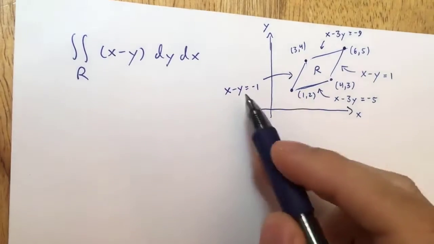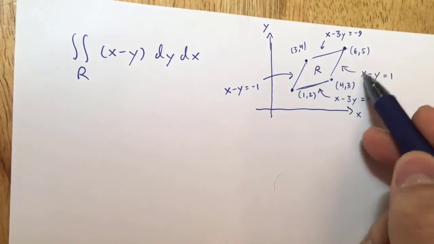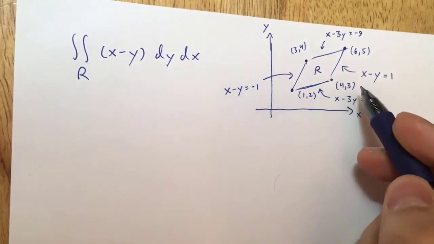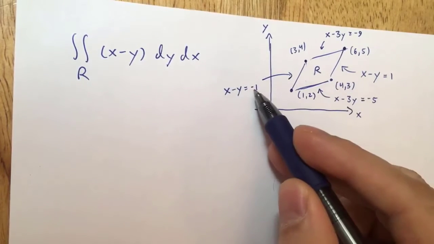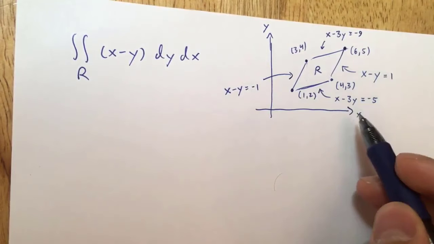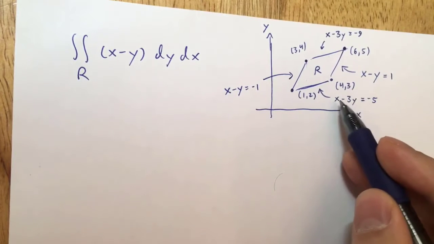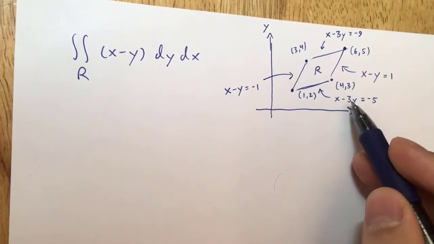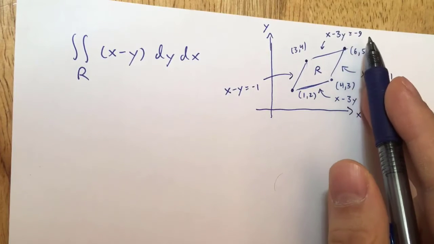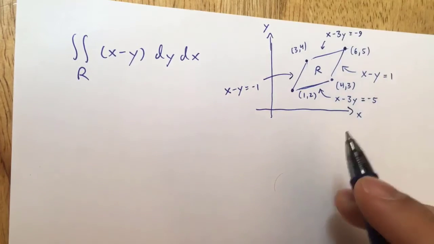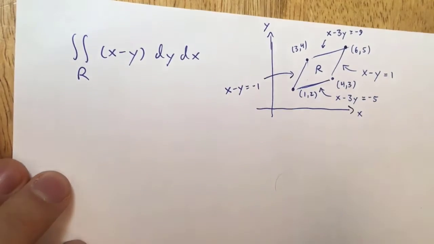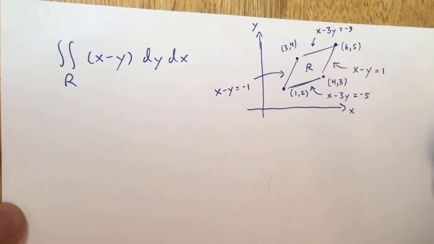One thing I'm noticing is that this line and this line have the same expression on the left-hand side. It's x minus y. X minus y went from negative 1 to 1. And these lines have the same expression on the left-hand side. It's x minus 3y. So x minus 3y goes from negative 9 to negative 5. That suggests a change of coordinates.